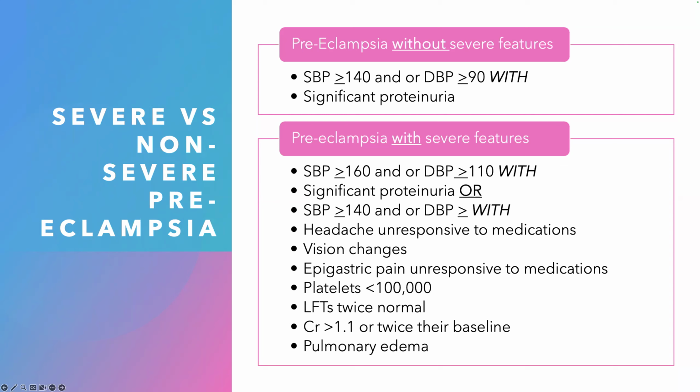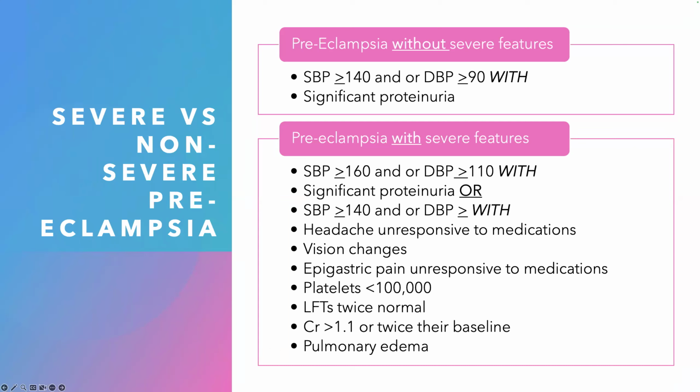In somebody who has preeclampsia with severe features, there are a couple of different ways that somebody can have it. They can have severe range blood pressures, which is systolic of 160 or higher and/or a diastolic of 110 or higher, with significant proteinuria.